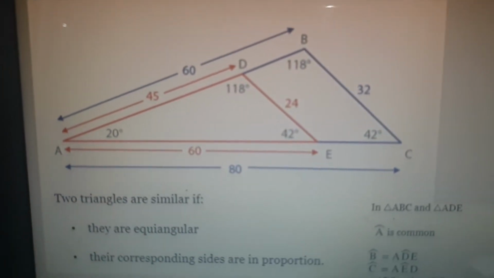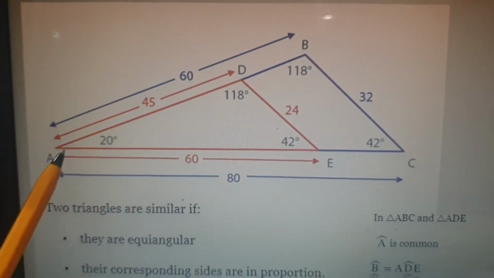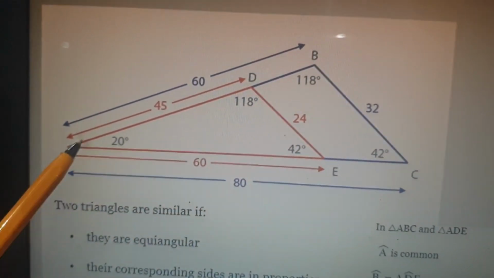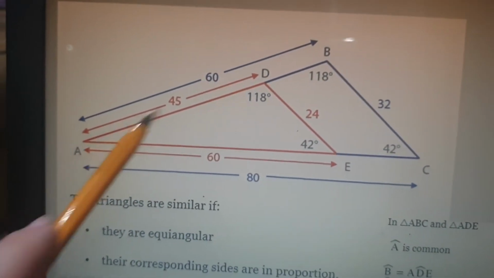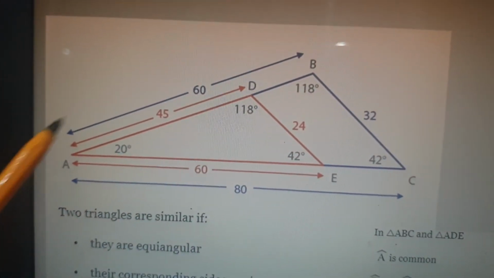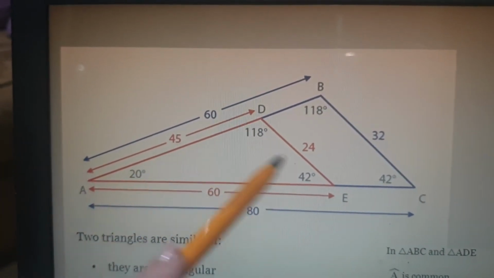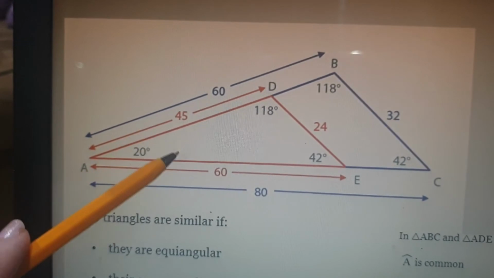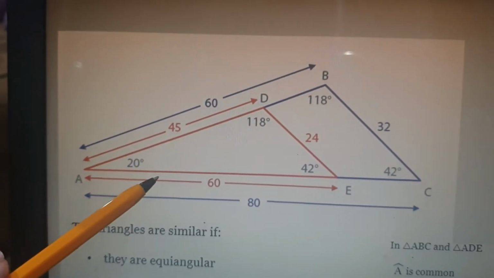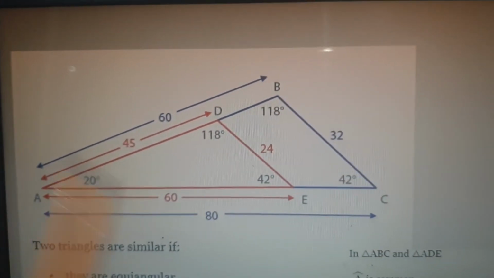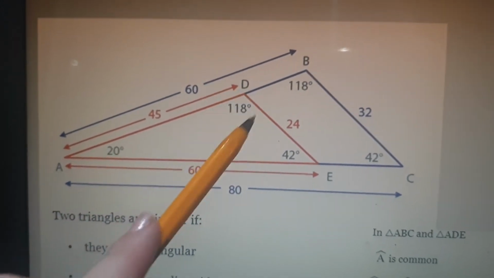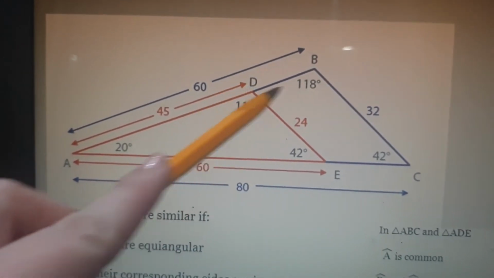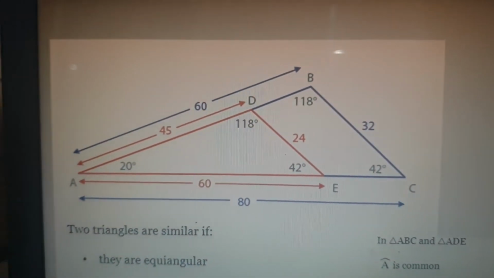Okay, so our first triangle is ABC, and our second triangle is ADE. So the one is the whole blue part and the other one's the red part. So we know both of them have this angle. So angle A is a common angle. Then we see that this and this is both 18 degrees.